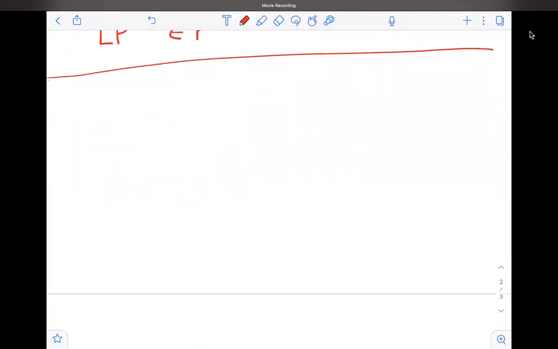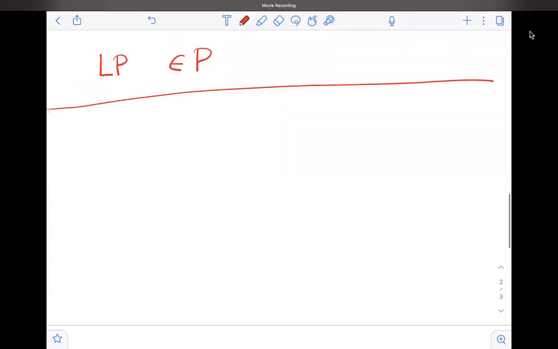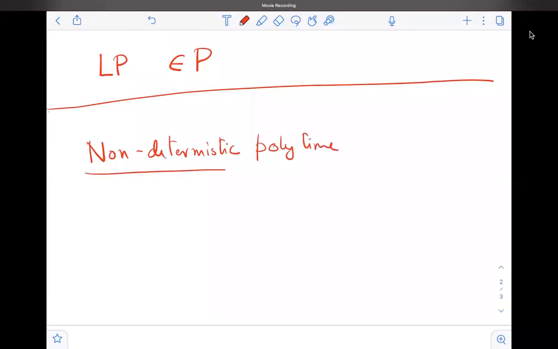Now, you know what? I suggest that, okay, so then there is this class which is called non-deterministic polytime. Let me ask you something that will help me a lot.